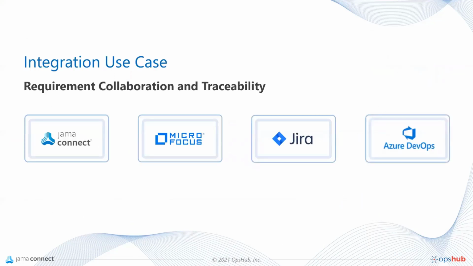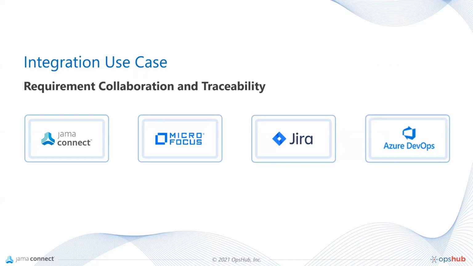So in the demo today, we're going to integrate Jama Connect with Focus ALM from a testing perspective, Jira, and Azure DevOps. And in our make-believe scenario here, we've got Jira development team working in a Java environment and Azure DevOps in a .NET environment.